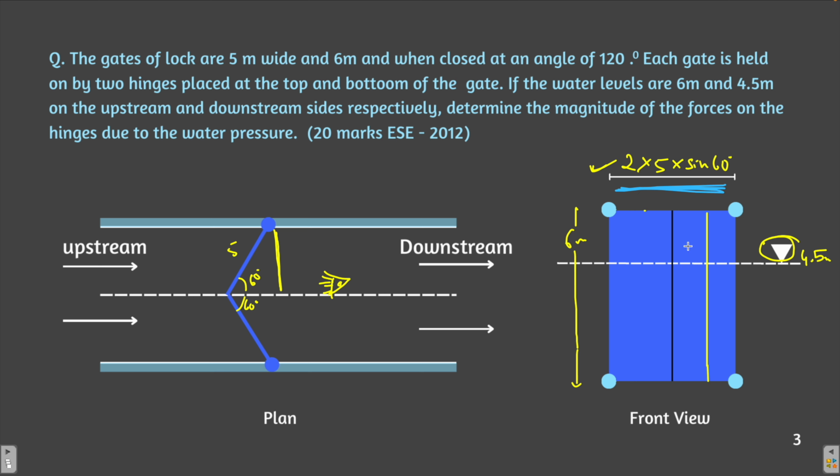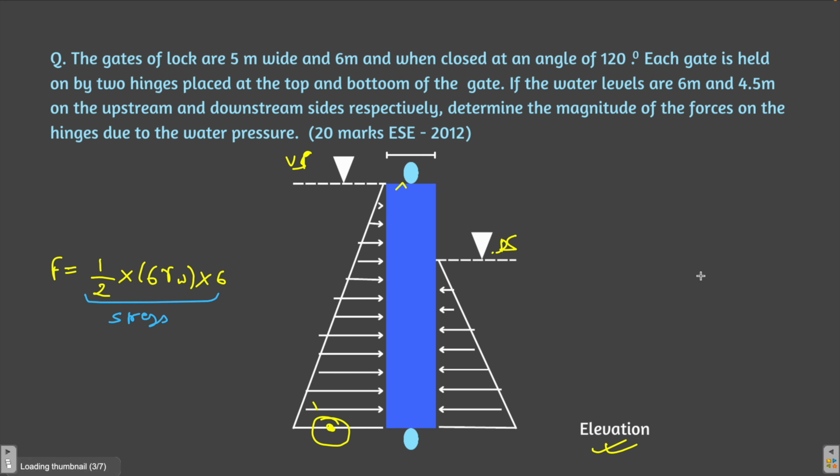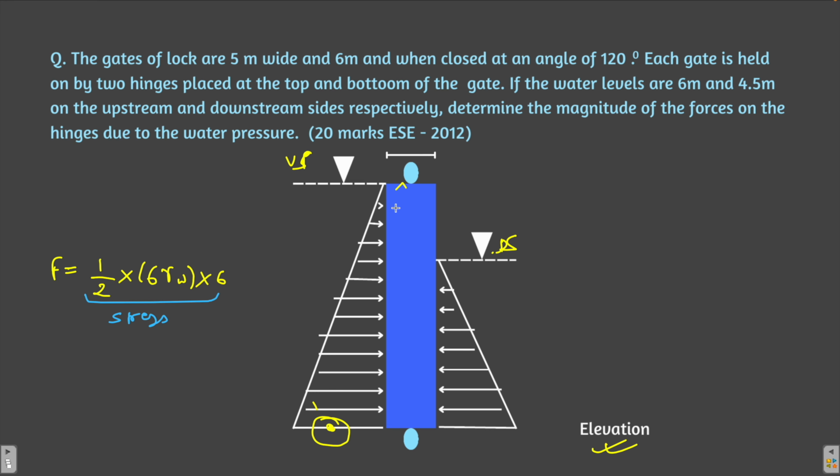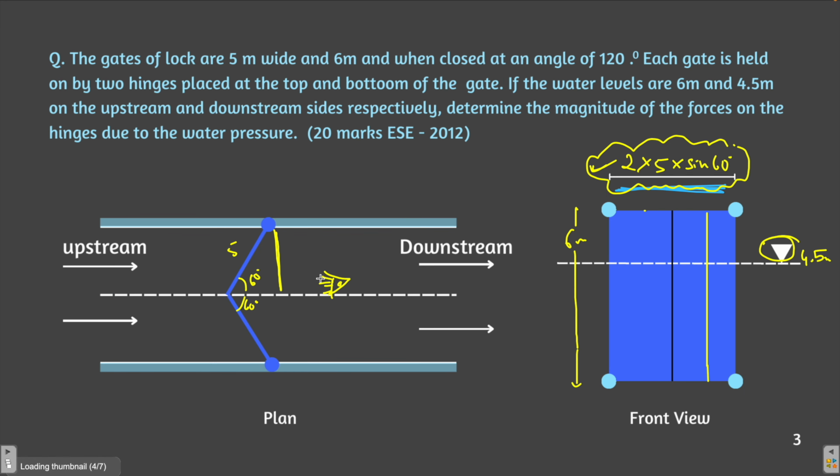This is the stress diagram, and if you multiply with this width of the gate, 2 into 5 into sine 60 degree, you are going to get the total force acting. You are not going to multiply it with 5 meters, 2 into 5 meters. Rather, you are going to multiply it with 5 into sine 60 degree, because the forces acting on the gate will get distributed.